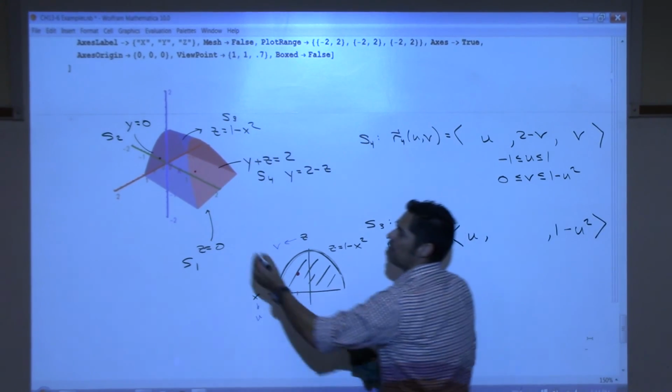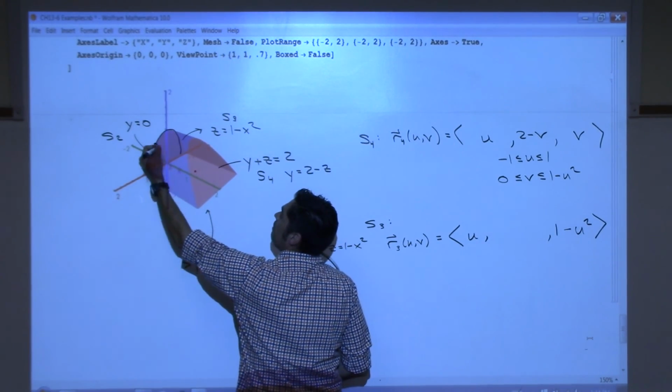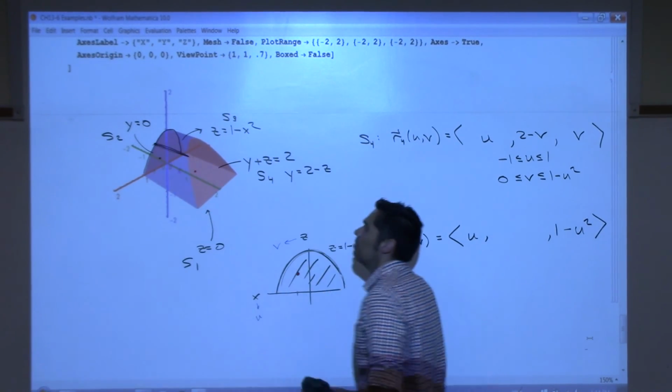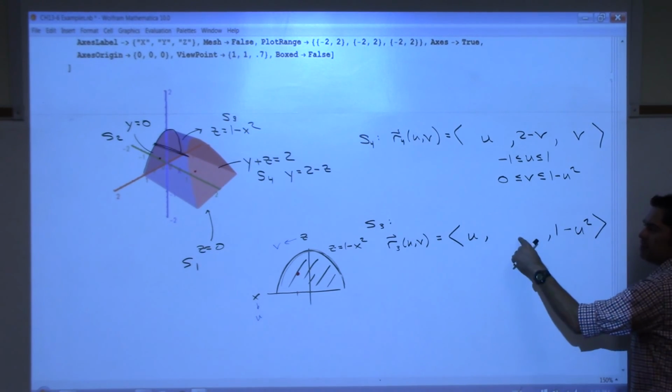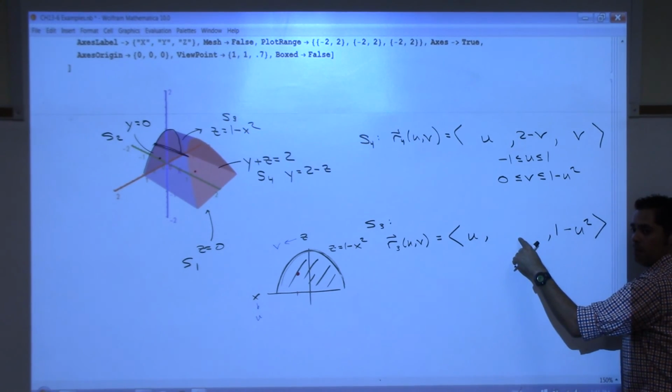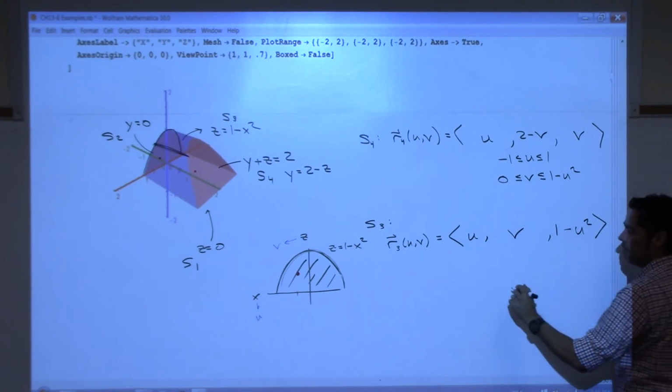So now I'm fixing a point on this edge. Once I fix a point, I need to vary back and forth between here and here. That's between where and where? Y equals 0 and 2 minus z, which for us is something else. So what do I call this? V. Let this be the thing you control down here.